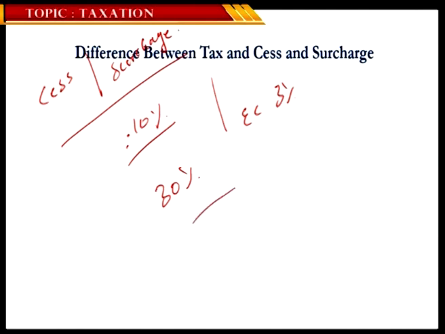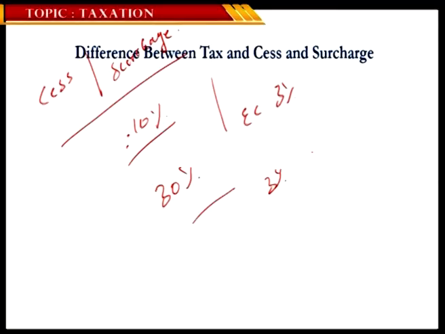So along with 30% of your income, you are also liable to pay 3% of the tax money you are expected to pay. So it's not 33%. 3% of 30% comes to somewhere around 0.9%. So 30.9% would be your total tax burden.